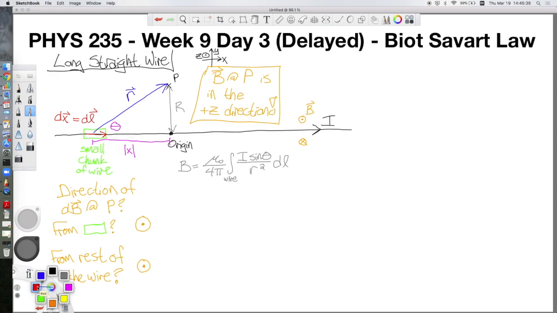One change we're going to make is to change the dl to a dx, because the wire is along the x direction.